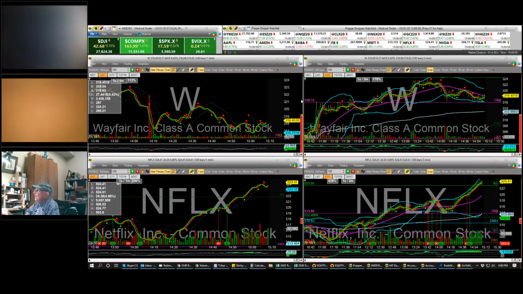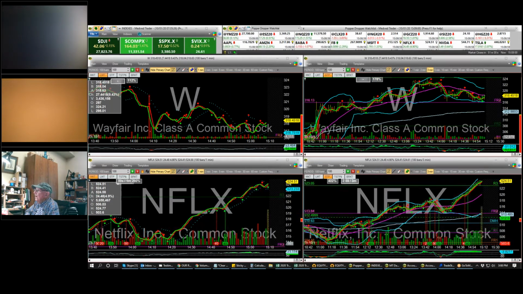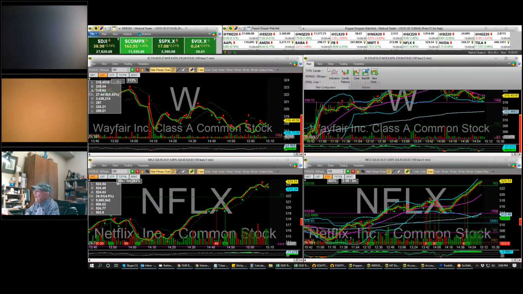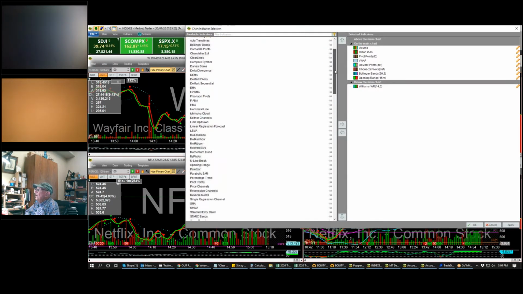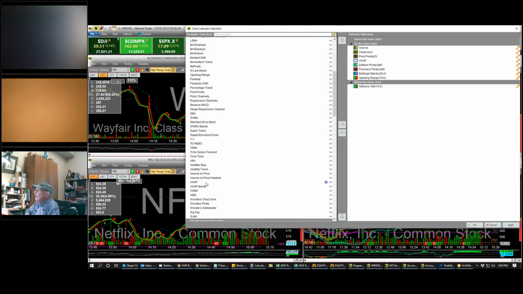Depending on your platform, on MedVed, you just go into main and indicators, or you can right click, and then you go down to where you find volume weighted average price, and then you add it to your chart, which it's already on here, right? We're on the 1 minute, so I don't think I have it on the 1 minute.